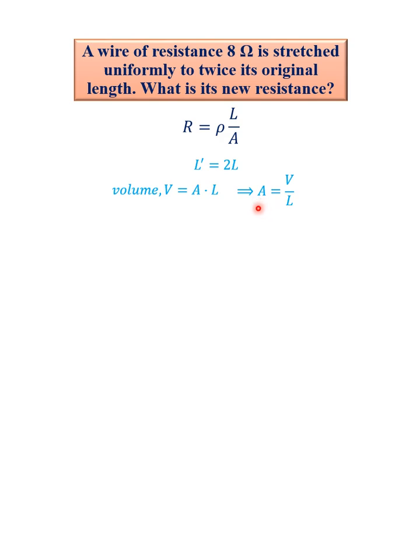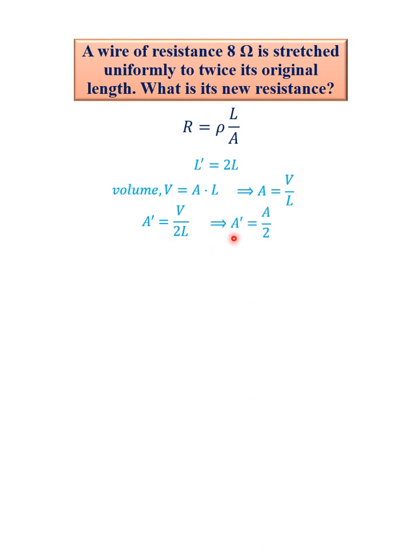Now, what will be the new area? The new area will become that same volume divided by the new length, and the new length is 2L. So A prime, being the new area, is volume over 2L. Remember, volume over L is area. What it means is that the new area will be half of the original area.